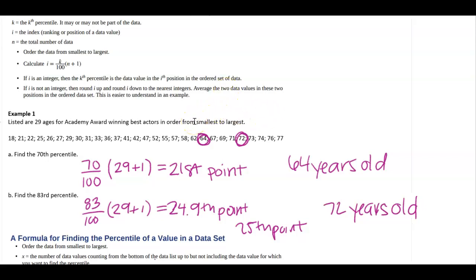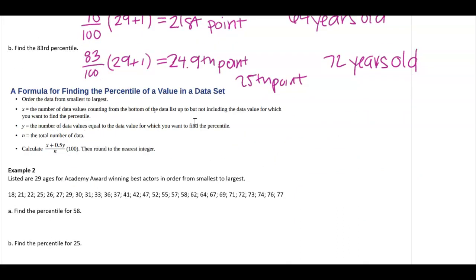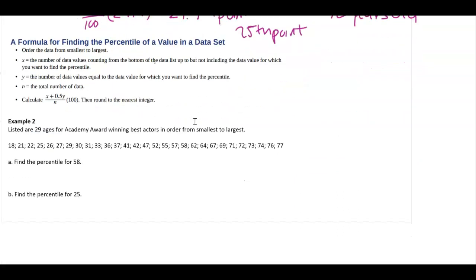All right, let's look at going the other way. If I give you the data point, can you find the percentile? Same thing, we need to make sure that we calculate that full point in our percentile.